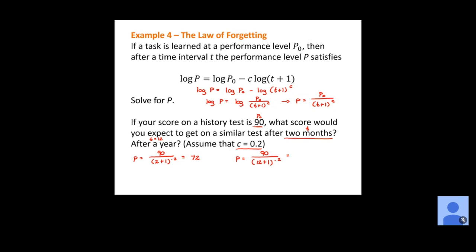So we're just going to substitute 12 plus 1 instead of the 2 plus 1. That's 13. If we round this to the nearest whole number, we should get about 54. So assuming you got a 90 on a test the first time you took it, if you waited a year, didn't really study, and forgot some stuff, you could probably expect to get about a 54 the next time you took it after a year.